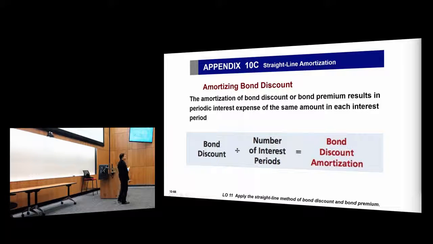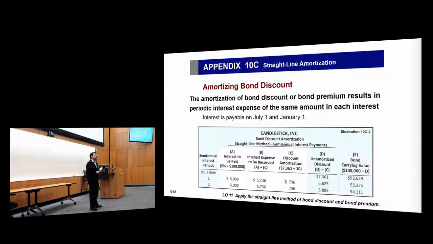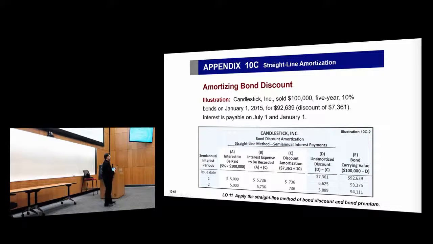So if you have a bond for 10 years, the life of the bond is 10 years, how many interest payments are expected? 20. So you divide, in this case, the bond discount or bond premium over those 20 payments. This will give you the amount of discount that is amortized.